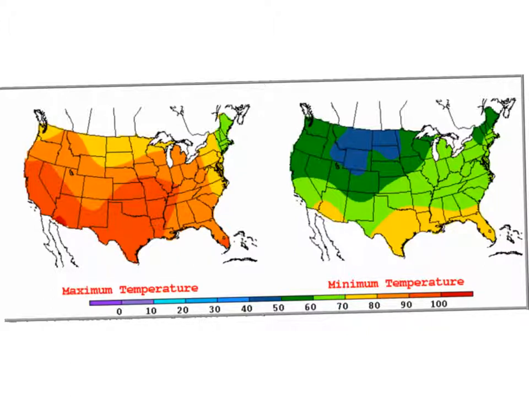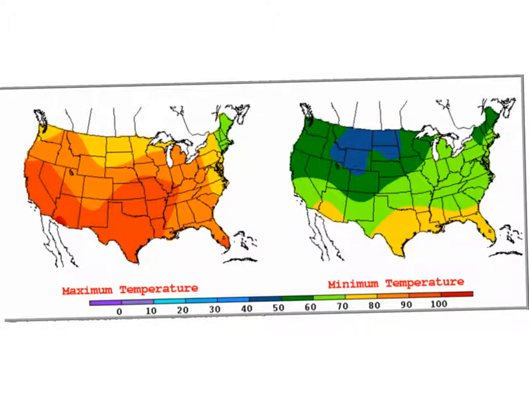North Dakota, parts of Montana, Wyoming, South Dakota, and Minnesota had a minimum temperature of 40 to 50 degrees, which is shown in blue. The green color, which is stretched from the Canadian border to northern California through parts of Wisconsin and also parts of New England, had a minimum temperature of 50 to 60 degrees.